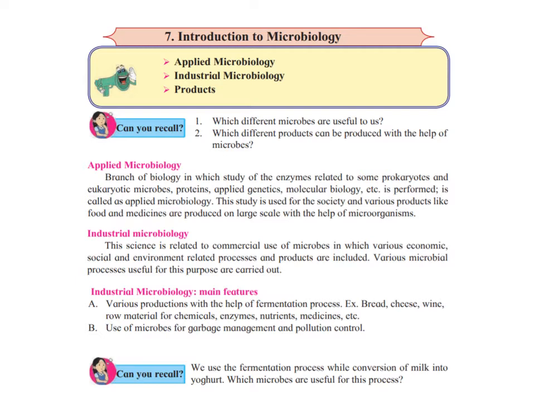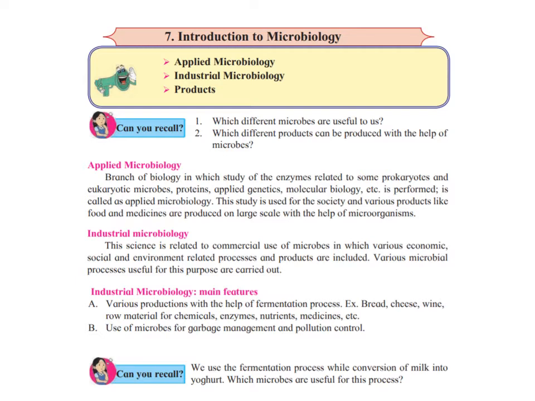The products produced using microbes are used to gain profit. It can be used for economic purpose, it can be used for social purpose, that means creating food grains and things which will help to eradicate poverty, as well as for protecting the environment, for environment related processes also.